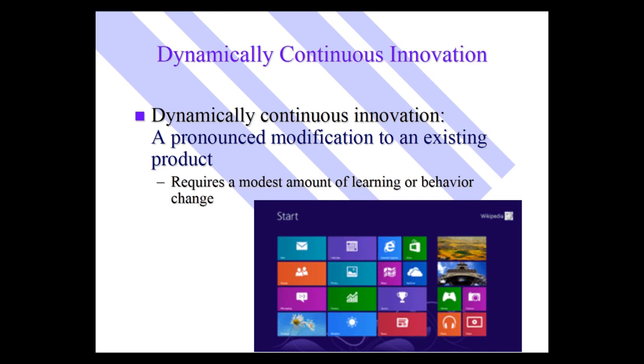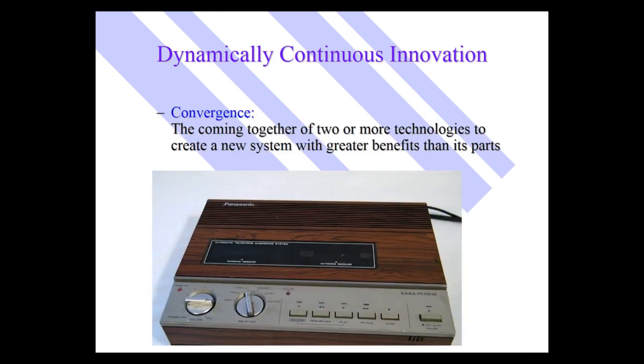Another thing that dynamically continuous innovations sometimes do is provide convergence. Now, convergence is when two or more technologies come together to create a new system with greater benefits than its parts. The telephone answering machine used to be a standalone product.